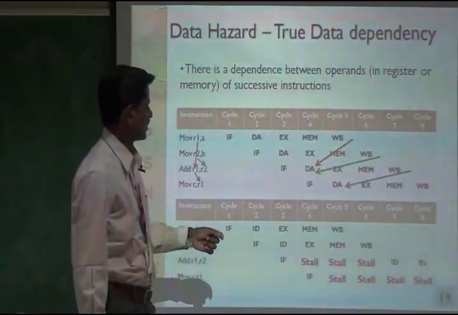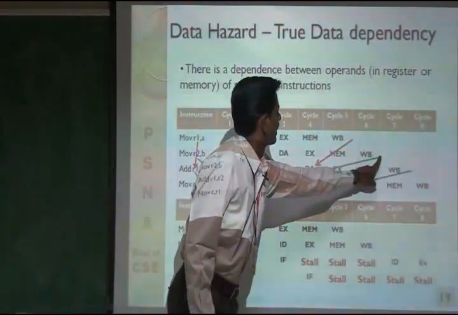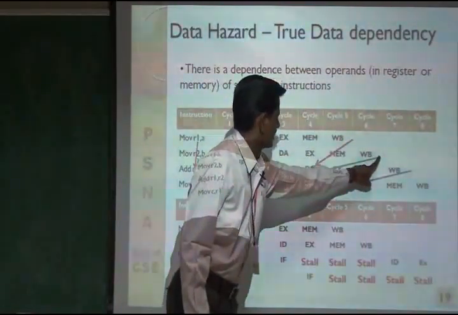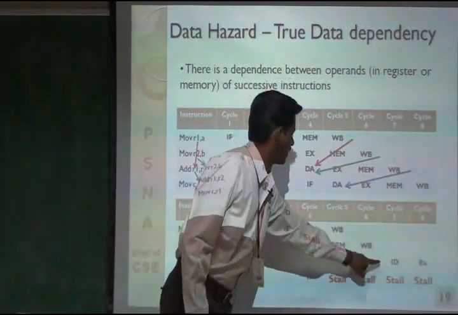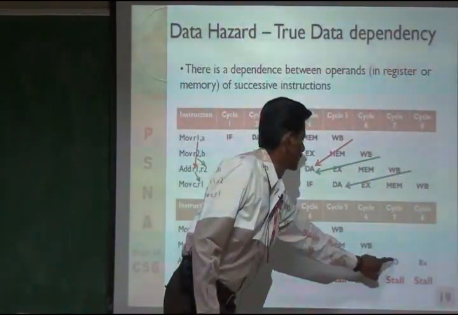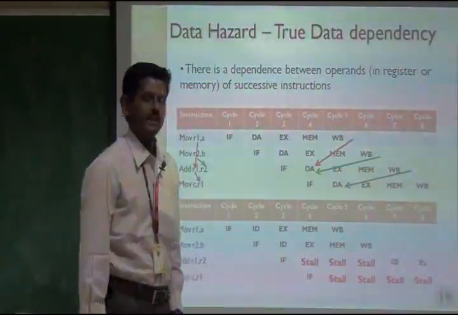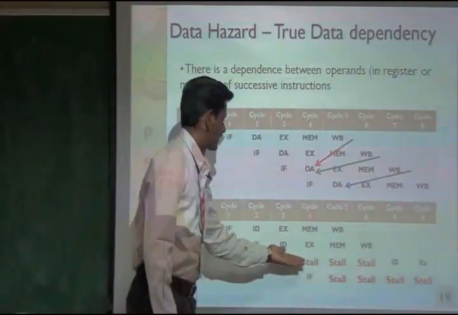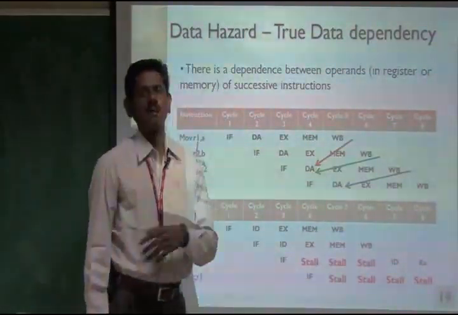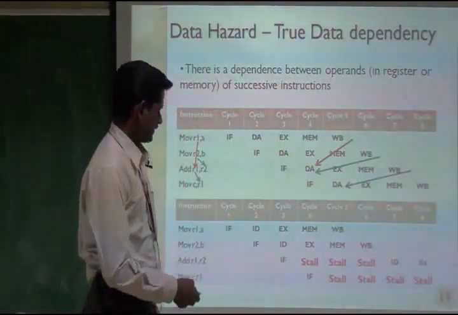R1 and R2 are both available only after clock cycle 6, so the decode operation of instruction 3 can only start at clock cycle 7. No other way, we spend all these stalls here. So that is the drawback, that is the challenge in true data dependency.